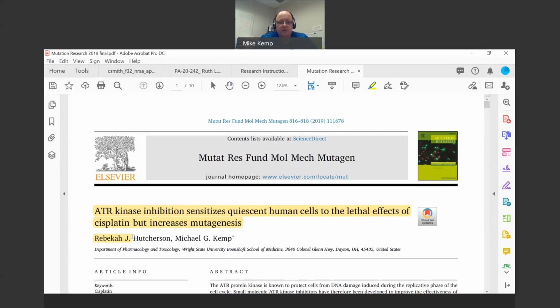However, although there are clinical trials looking at the effect of combining cisplatin with ATR inhibition to improve the effectiveness of cisplatin-based cancer chemotherapies, we don't really know a whole lot about what ATR does and how it may modify cisplatin responses in cells that are not replicating. We think this is important, for example, for senescent cells or quiescent cells or stem cells that are not actively replicating, but will nonetheless be damaged by UV or by cisplatin.